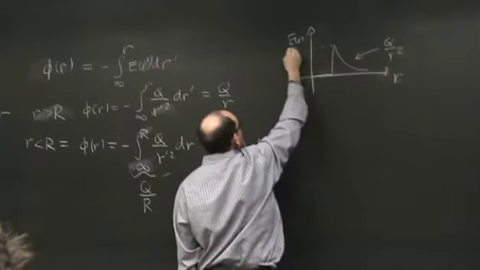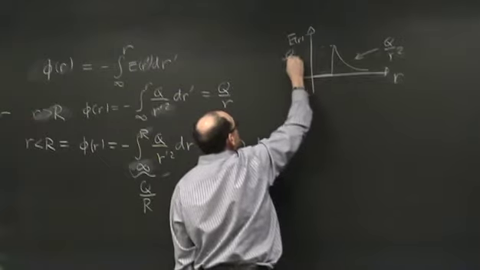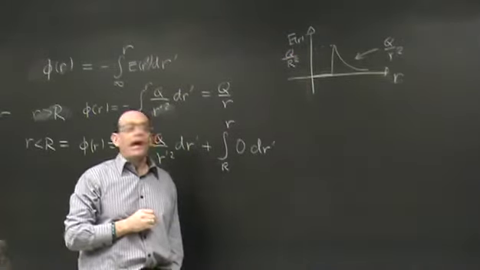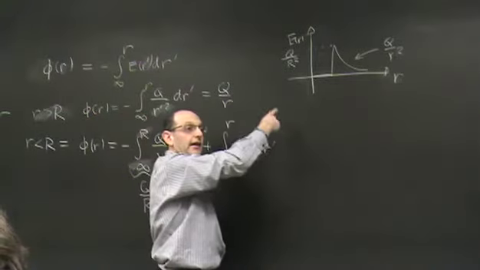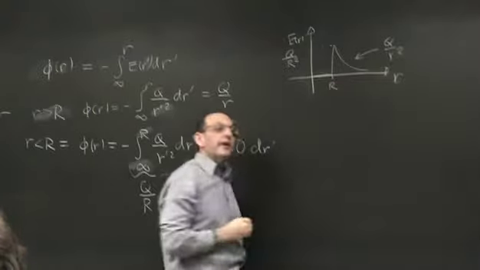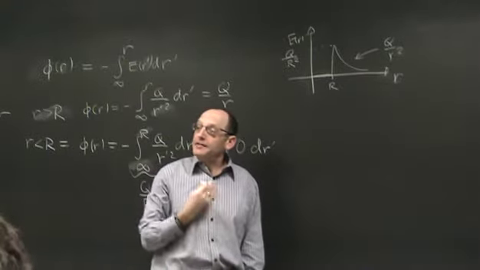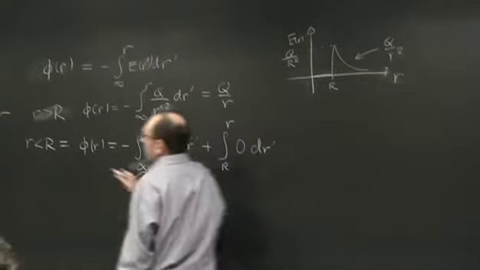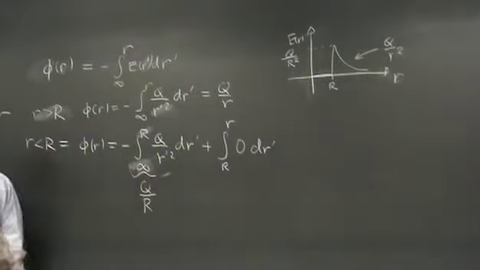The electric field at this point is Q over r squared. And there is a discontinuity in the electric field at the radius of the sphere. And that discontinuity is associated with the fact that there's surface charge density at that radius.